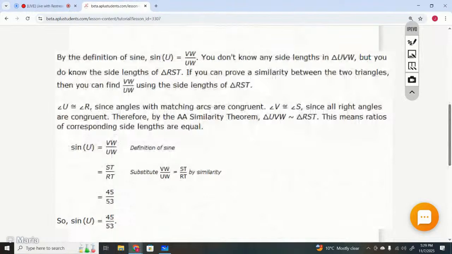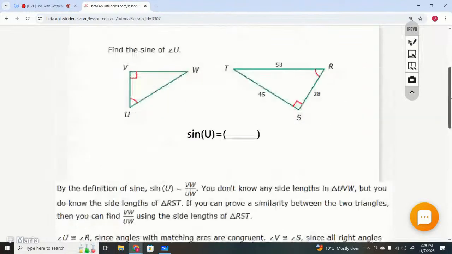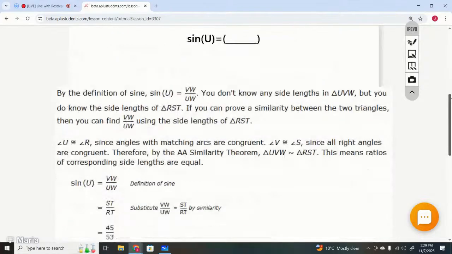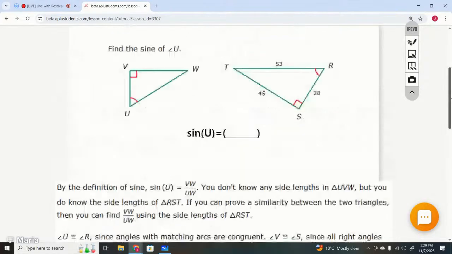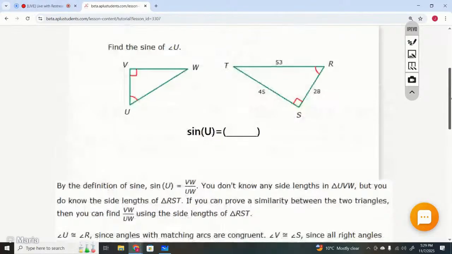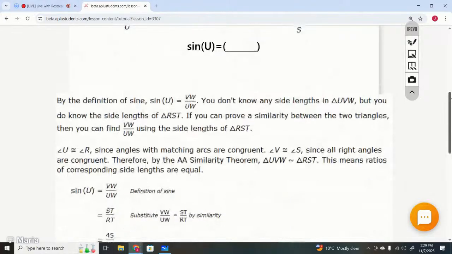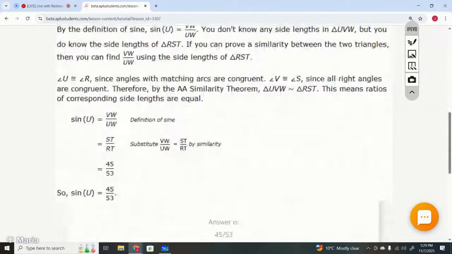How? By similarity. Wait. VW is similar to ST. Okay, got it. Then UW is similar to RT. Okay, then the value is 45 divided by 53.